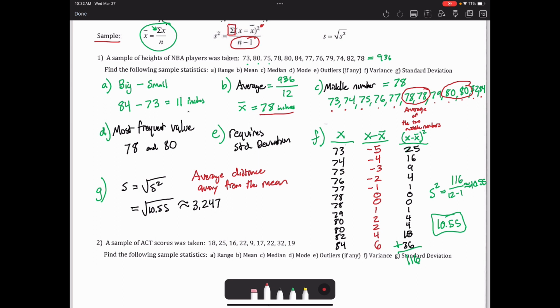Standard deviation is a measure of spread. The smaller your standard deviation, the closer together your data is, the more compact your data is. The bigger your standard deviation is, the more spread out your data is. And so it's a measure of spread. It can tell you how spread out your data is.